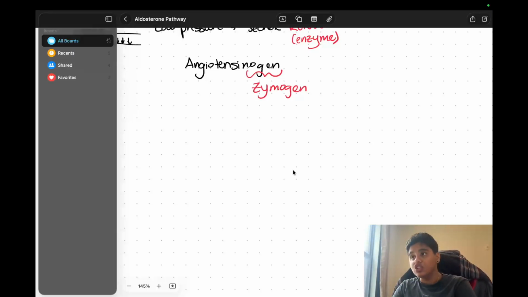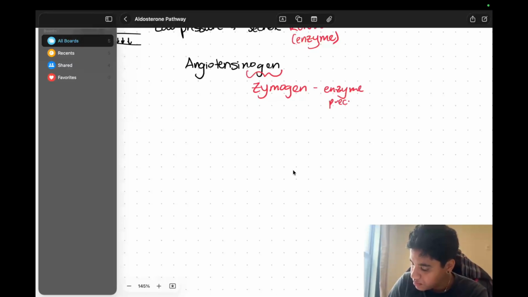Like fibrinogen, and I think thrombinogen, something like that, right? A zymogen is essentially just an enzyme precursor.